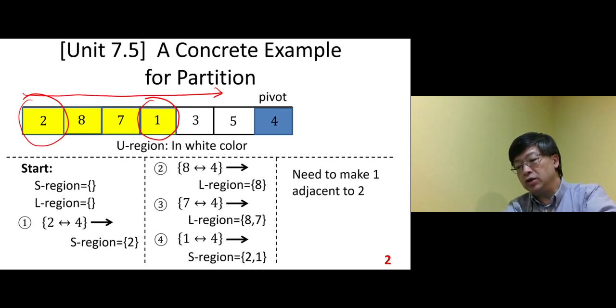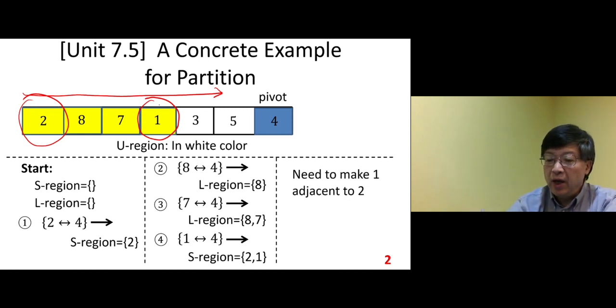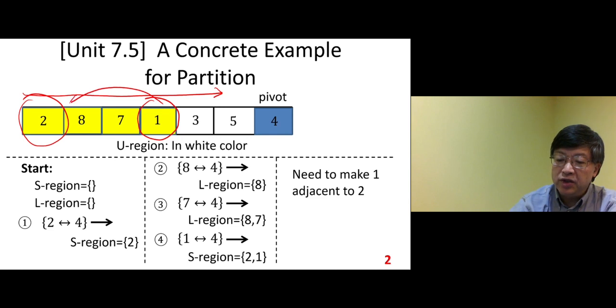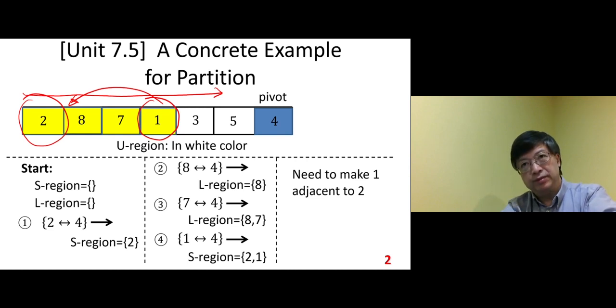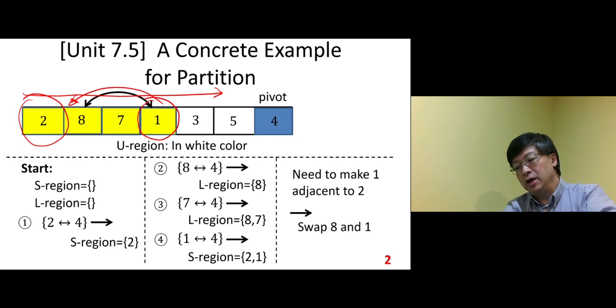So how do we change it? We want to make 1 and 2 adjacent. How do we make 1 adjacent to 2 without doing too much work? We want to do the minimum amount of work. How to do it?